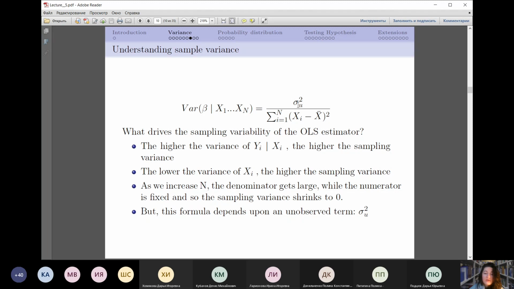What instead of the error term could we use? Because we need to estimate the variance of the coefficients anyway. So we need to maybe change the variance of the error term to some other indicator.